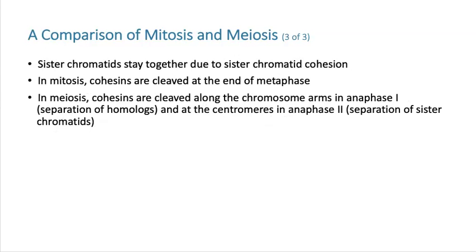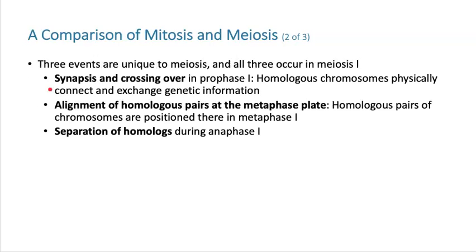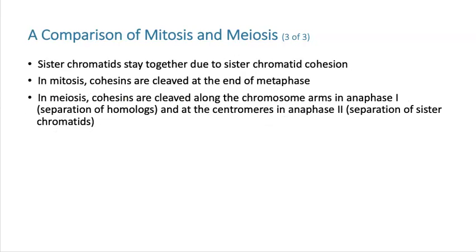So, we're going to finish doing that compare and contrast over the next couple of slides, and then we're going to go into a few more details so that we can get a better understanding of that very interesting thing with the alignment of the homologous pairs on the metaphase plate.